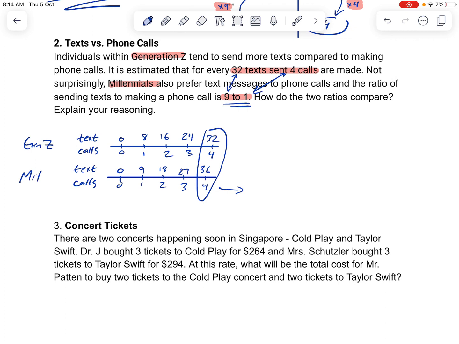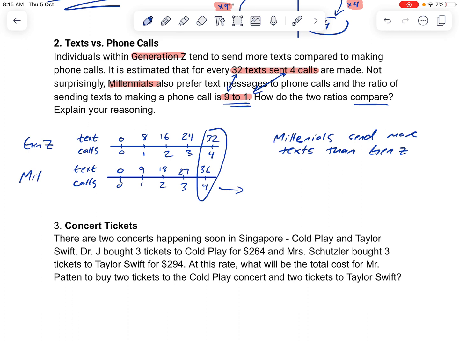My claim based on this is that the millennial group, because I'm comparing, send more texts than Gen Z. Yes, millennials send more texts than Gen Z. That would be a totally fine statement.